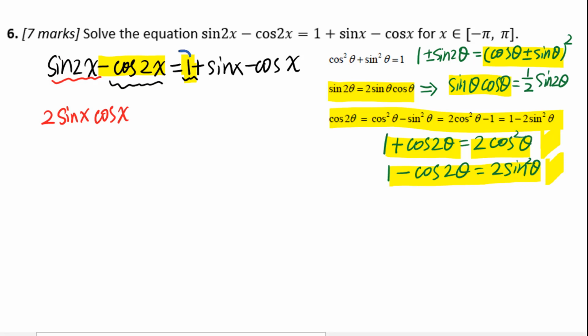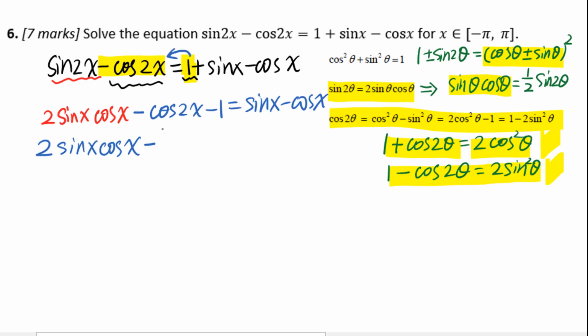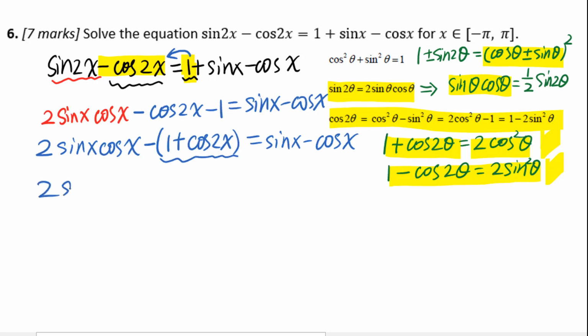We will move 1 to the left side, so we have negative cosine 2x minus 1 equals sine x minus cosine x. Keep going, 2 sine x cosine x minus, we will change into 1 plus cosine 2x, equals sine x minus cosine x. So for this, we will change into 2 cosine squared x equals sine x minus cosine x.